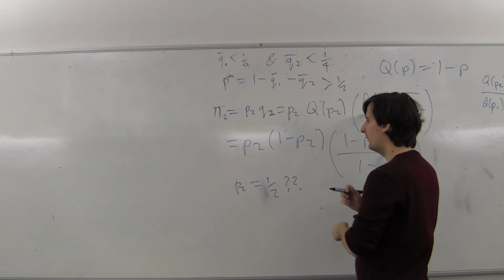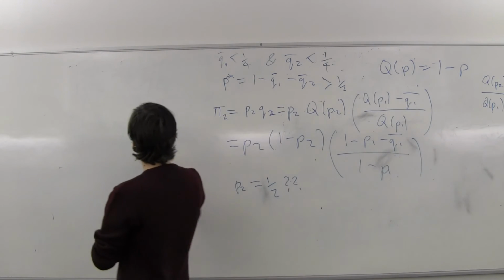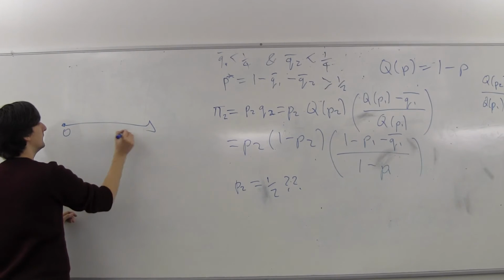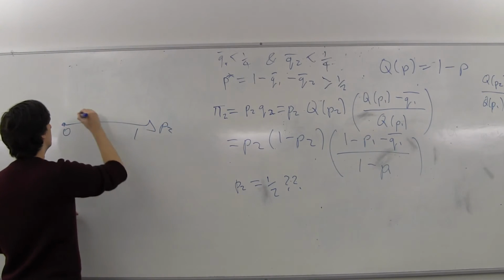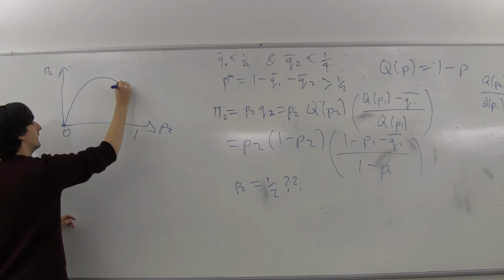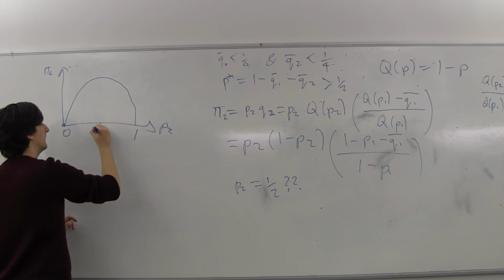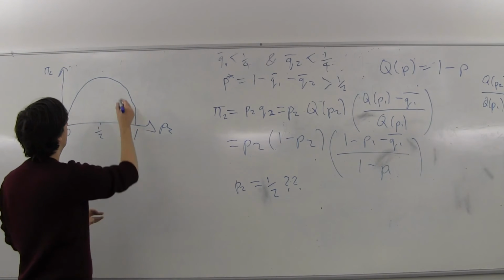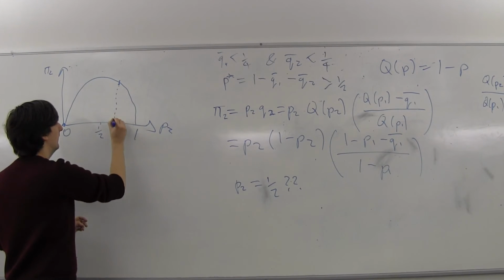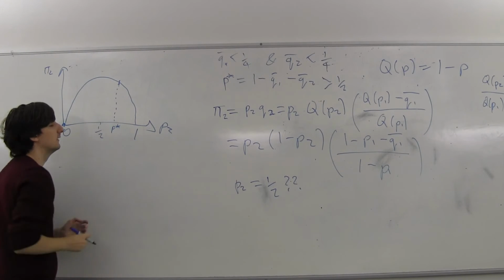So what we've shown is the firm's profits look something like this. We've got 0, 1, this is P2, this is profits, pi 2. We know that this is maximized at a half, but we started out somewhere over here, bigger than a half. Here's P star.